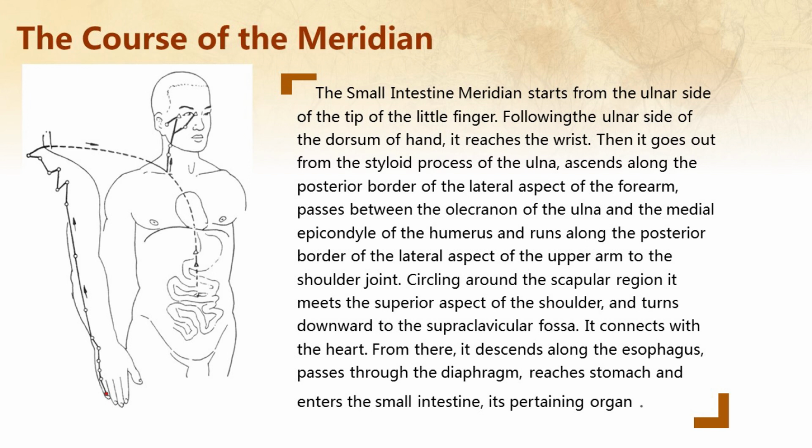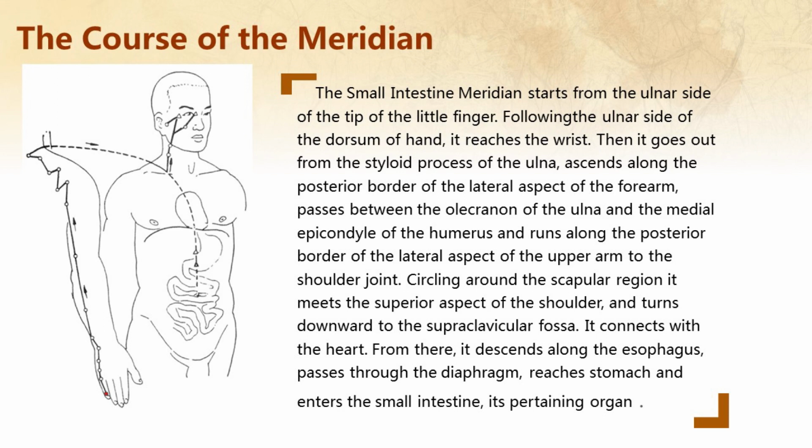Then it goes out from the styloid process of the ulna, ascends along the posterior border of the lateral aspect of the forearm, passes between the olecranon of the ulna and the medial epicondyle of the humerus, and runs along the posterior border of the lateral aspect of the upper arm to the shoulder joint.